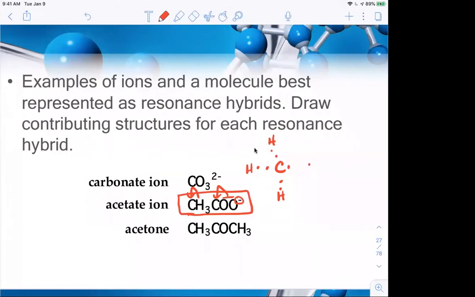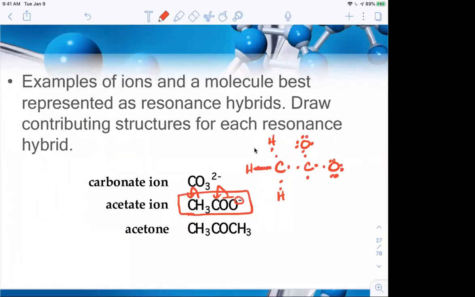I'm going to have another carbon with 4 valence electrons. I'm going to have 1 oxygen up here. I'm going to have 1 oxygen down here. And notice I'm going to have another electron. So I'm just going to throw it there, and I can rearrange it in a minute.